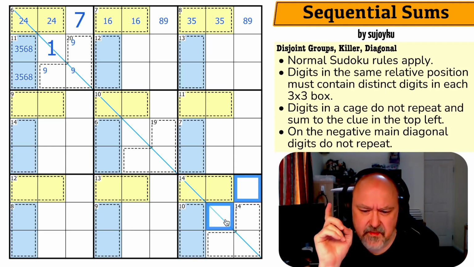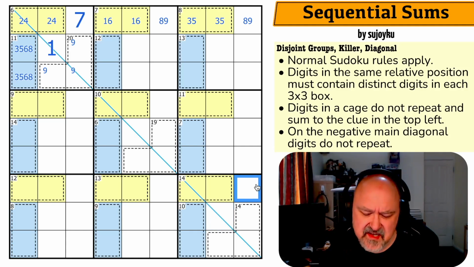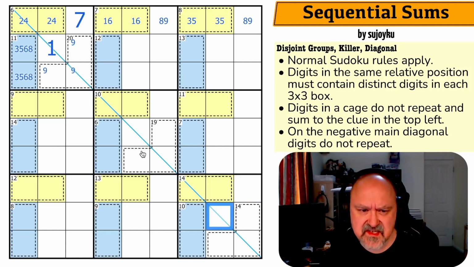Which means with that summing to 7, that works. But this can't be a 6. Because this sums to 7. If this is a 6, this is a 1, and I can't put a 1 here. So this isn't a 6. So this is 1, 2, 3, 4, 5.